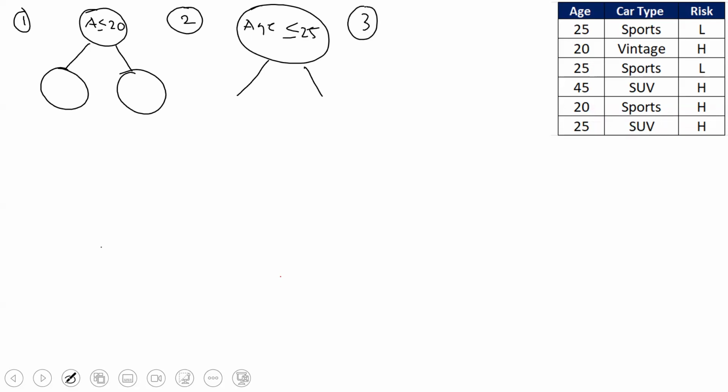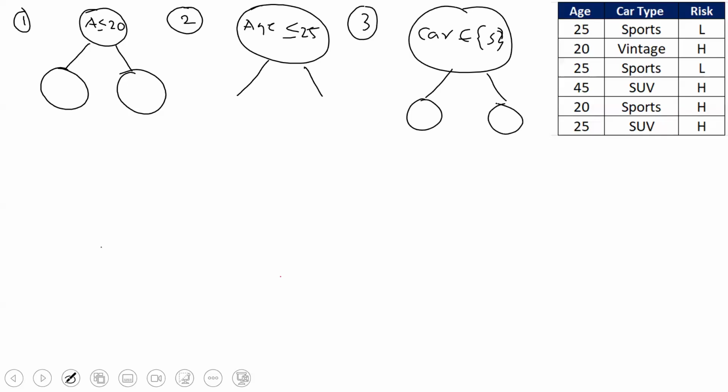For numerical values, these are the two possibilities. For categorical, it is car type belongs to sports. This is one, and then derive the outputs of this. The fourth root node that is possible is car type belongs to SUV, and then derive both the nodes.